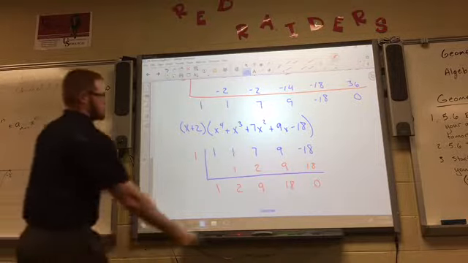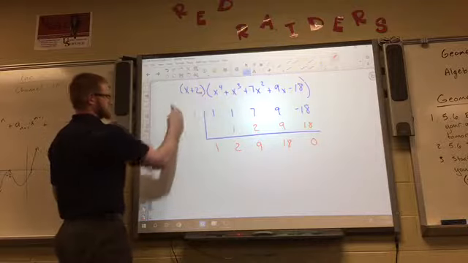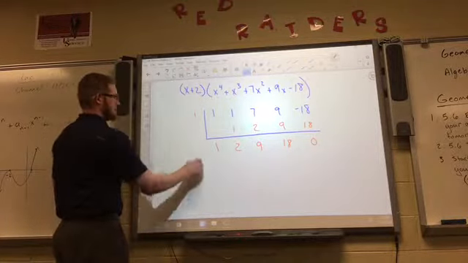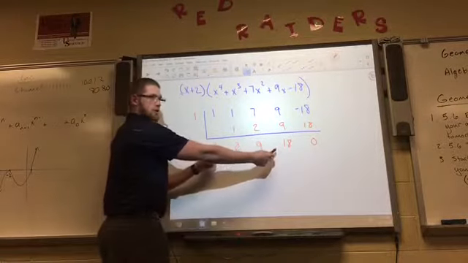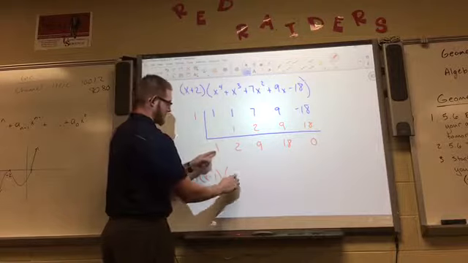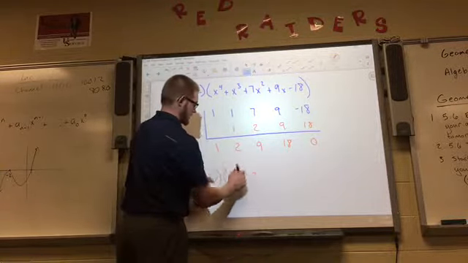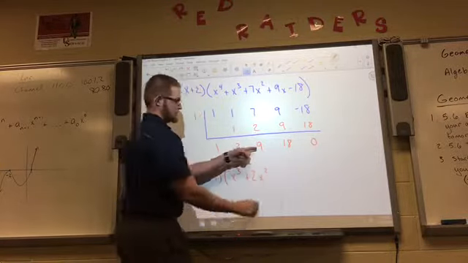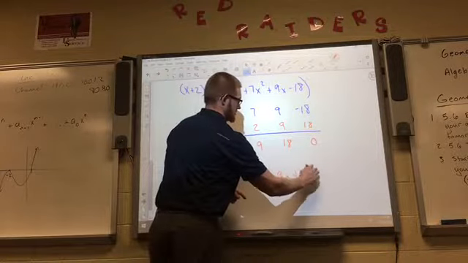So now I have all this old, so I still have my x plus 2. But I also have an x minus 1 plus this, right? So now I have x cubed plus 2x squared plus 9x plus 18.